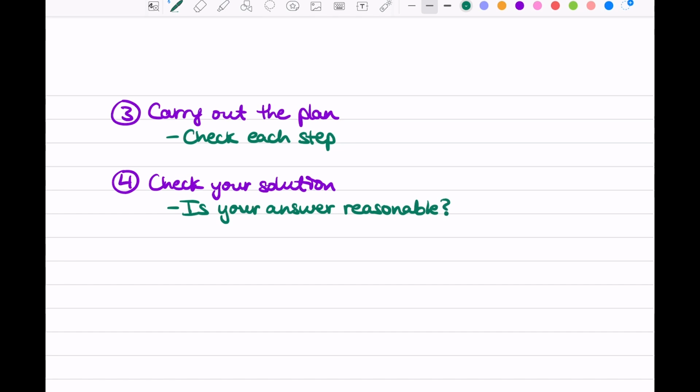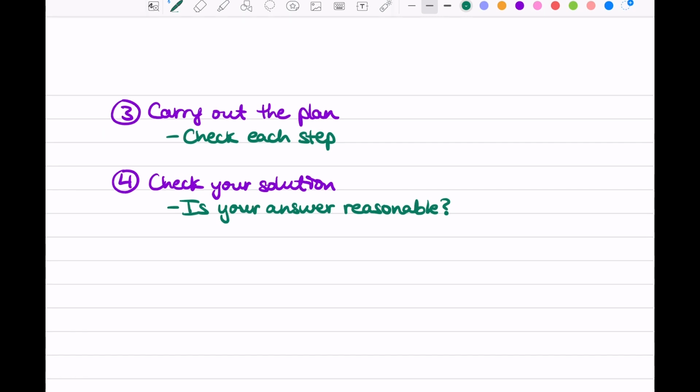For example, if your word problem is about checking out books at the library, and your answer in the end says that you'll check out 600 books, that is not reasonable. Most people don't check out 600 books. So if you get an unreasonable answer, that means go back to step 3 and check each step. Maybe you overlooked something and made a little error that led to checking out 600 books.